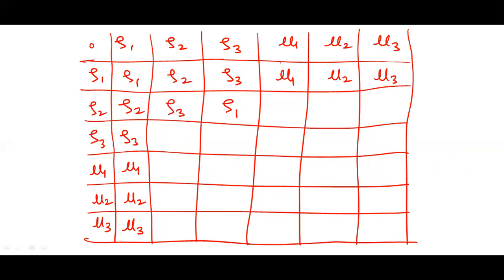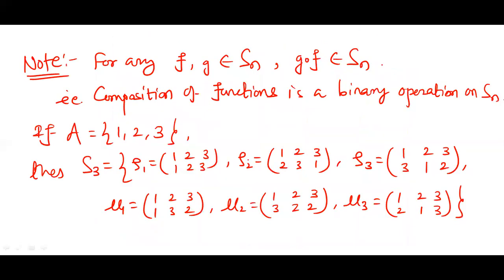What is rho 2 composition mu1? See, in mu1, 1 maps to 1, and in rho 2, 1 maps to 2. So in rho 2 composition mu1, 1 maps to 2.